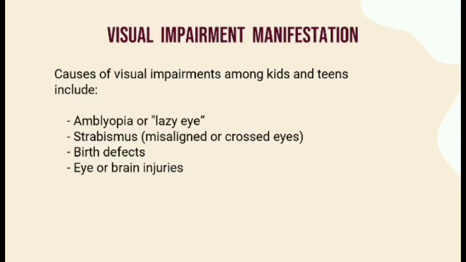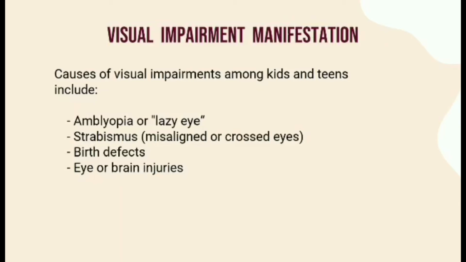Causes of visual impairments among kids and teens include amblyopia, or lazy eye. It is a disorder of sight in which the brain fails to process inputs from one eye and favors the other eye. It results in decreased vision in an eye that otherwise typically appears normal.